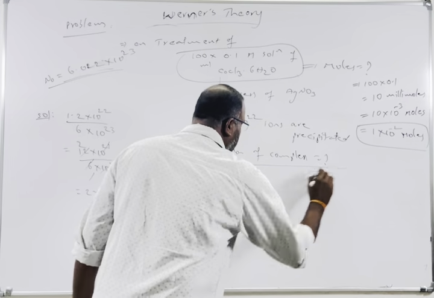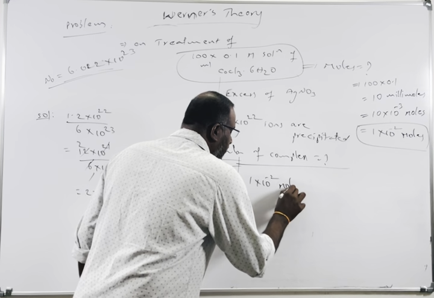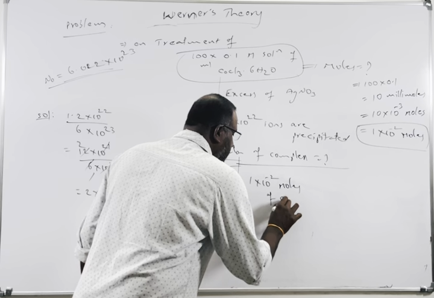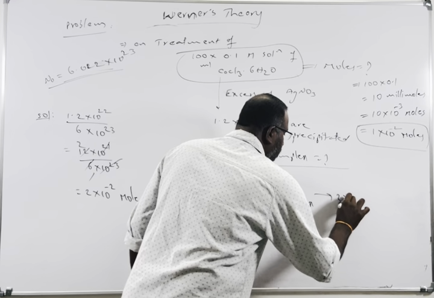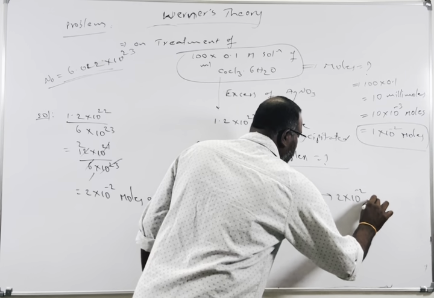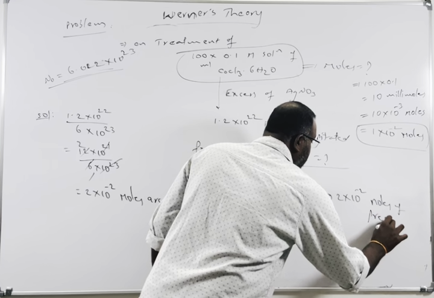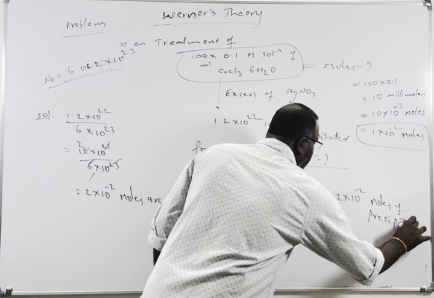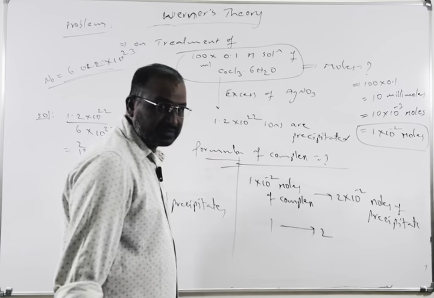From this, 1 into 10 power of minus 2 moles of complex gives 2 into 10 power of minus 2 moles of precipitate with excess AgNO3, which means 1 mole gives 2 moles.